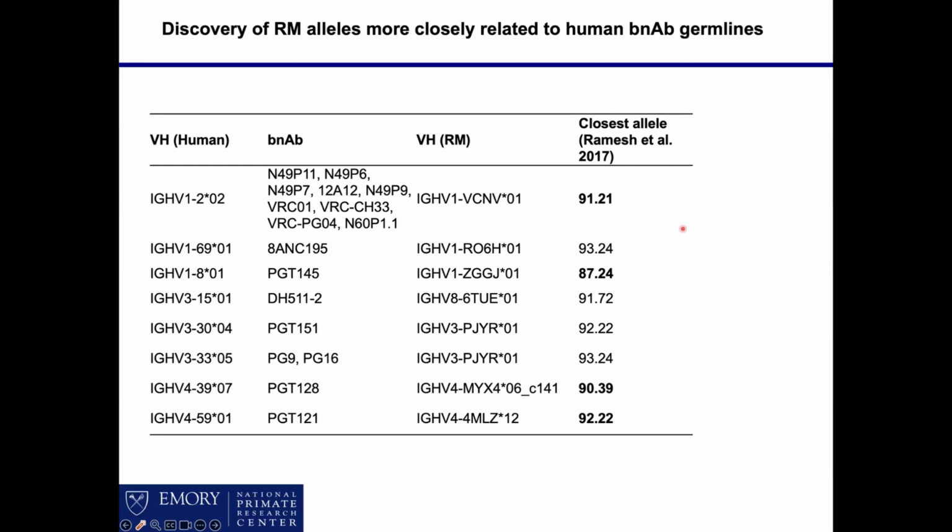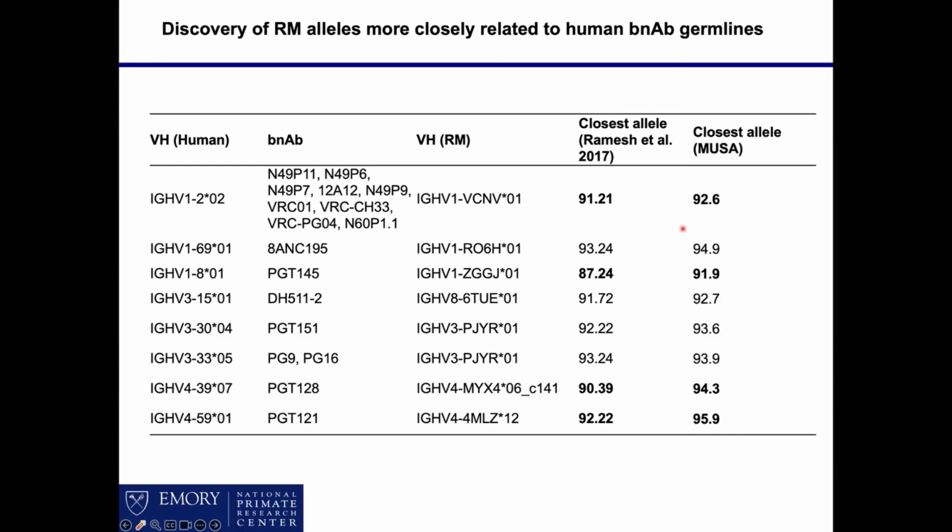We have a larger table that is going to be posted online very shortly. And what we're finding is that in a lot of cases, there is a substantial increase for some of these BNAbs, where what looks like, I'll use the term homolog, not ortholog, a much closer homolog between rhesus and human does exist with this additional sequencing.